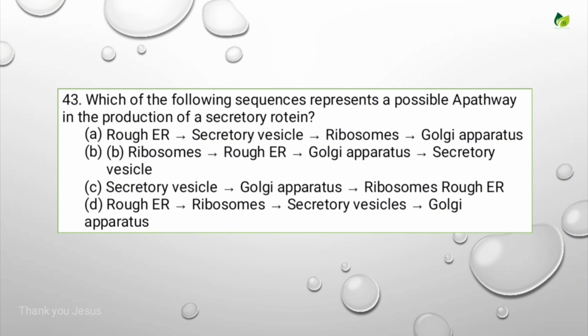Option C, secretory vesicle, Golgi apparatus, ribosomes, rough endoplasmic reticulum. Option D, rough endoplasmic reticulum, ribosomes, secretory vesicles, Golgi apparatus. For this, the correct answer is ribosomes, then endoplasmic reticulum, then Golgi apparatus, and then they come to secretory vesicle. This is the right pathway of secretory protein.